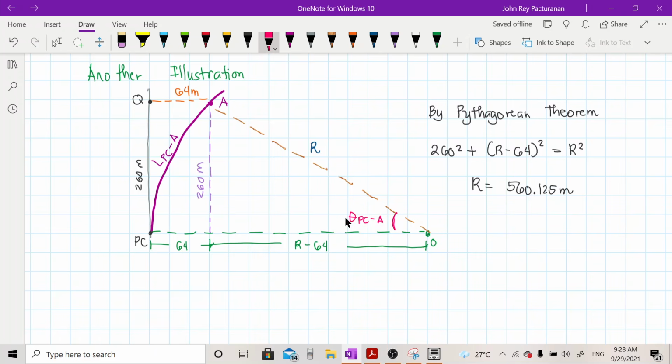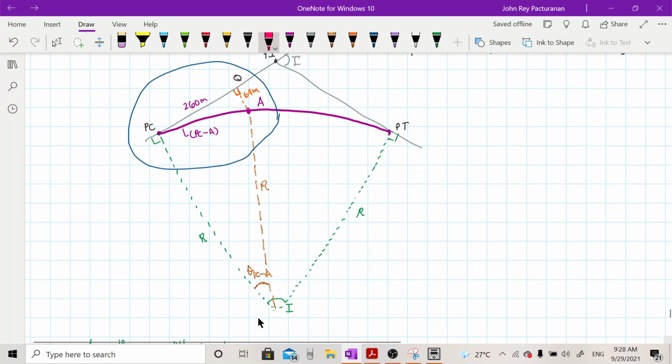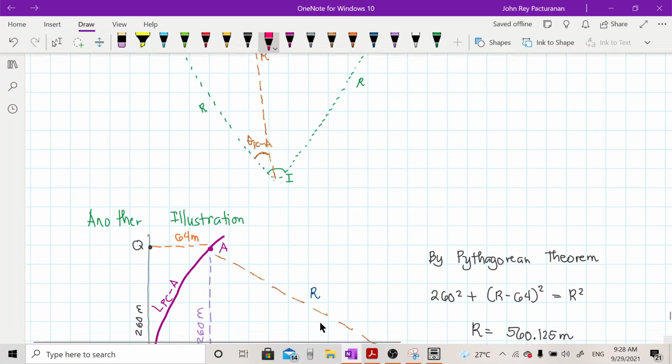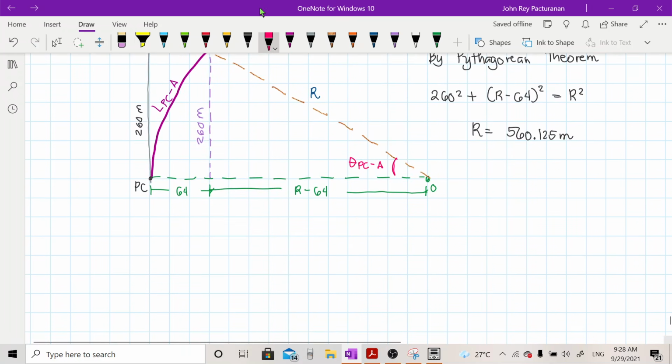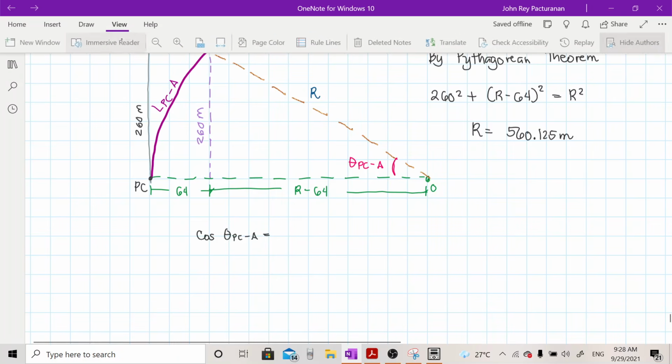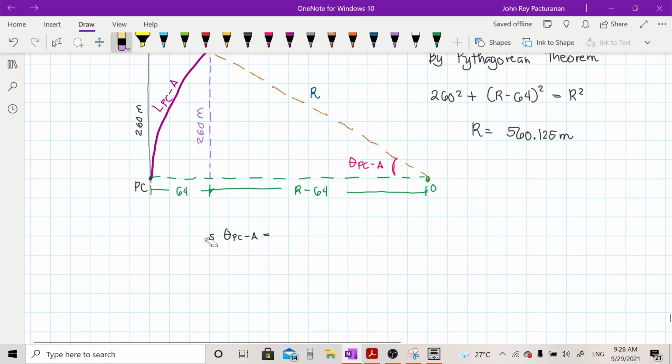But of course, again, hanapin na muna natin sa figure natin, ito yon, no? Renotate lang natin. So now, ang gagawin natin, cosine function na lang siguro. So cosine of theta from PC to A is equal to, sorry, what I mean is sine na lang. Sine is equal to the opposite, 260 meters, divided by the hypotenuse which is R, which is 560.125.